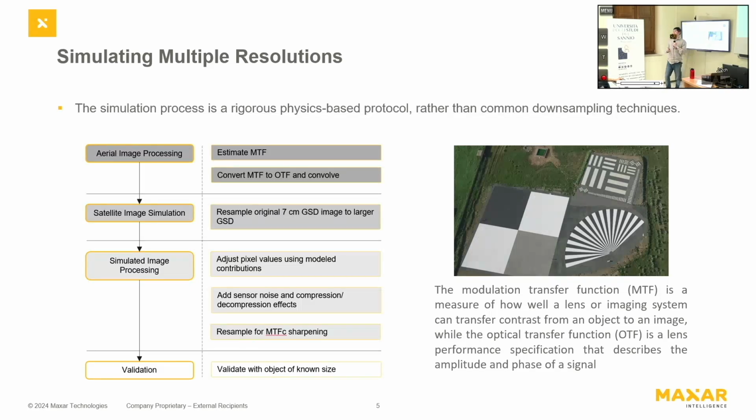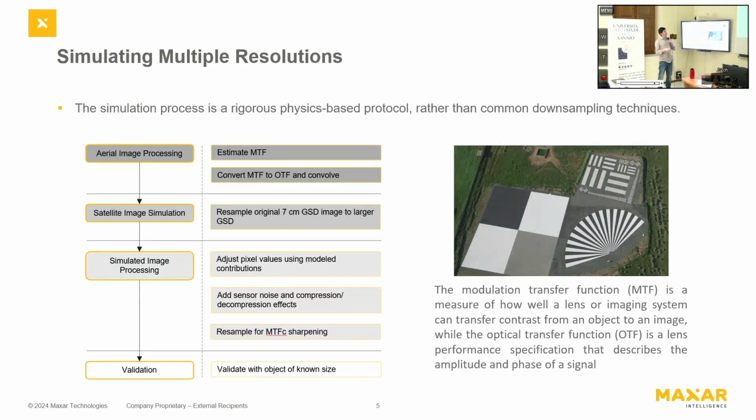Add compression and decompression. A sensor in space applies compression so that we can send the data down to Earth, and the data is decompressed. That introduces some artifacts. So when you do simulation, make sure that you account for compression and decompression effects.